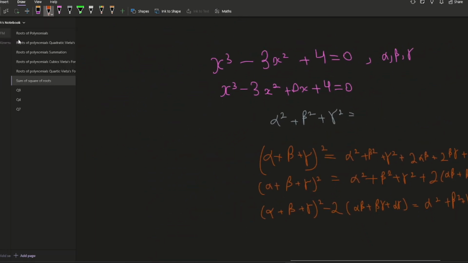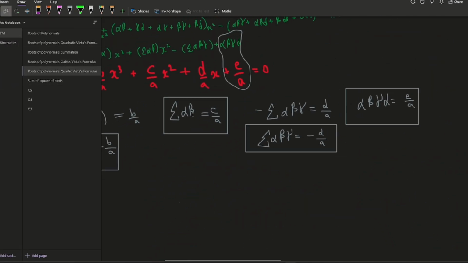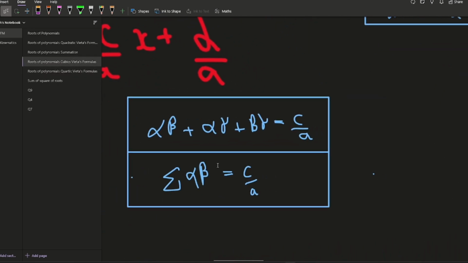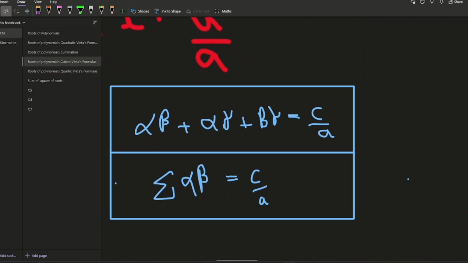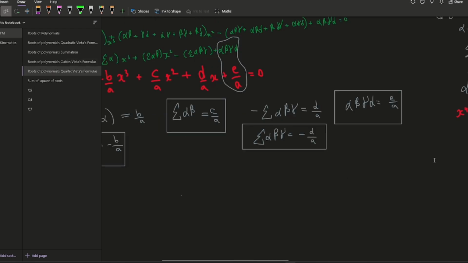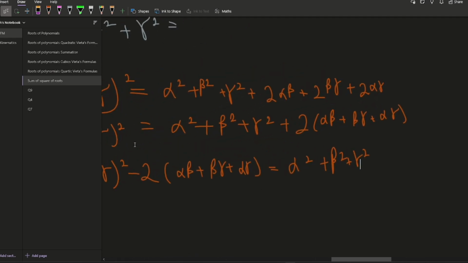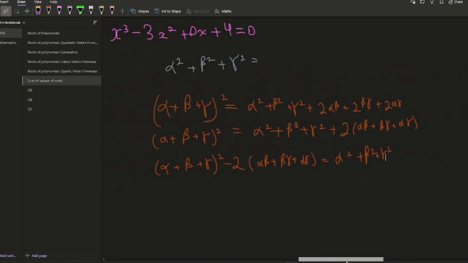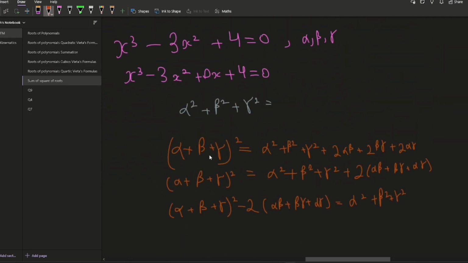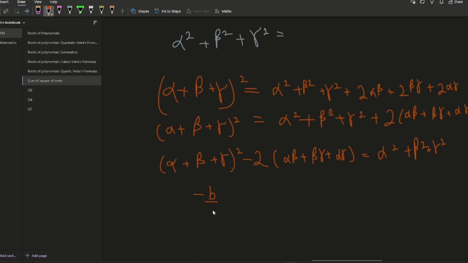Now, as we know, the sum of pairwise roots is c over a, right? And this is the sum of pairwise roots. So again, our equation is minus b over a, squared, minus 2 c over a equals alpha square plus beta square plus gamma square.